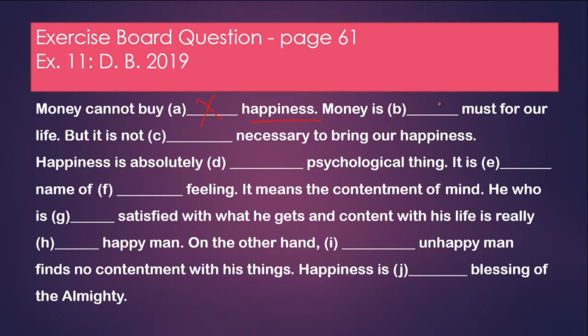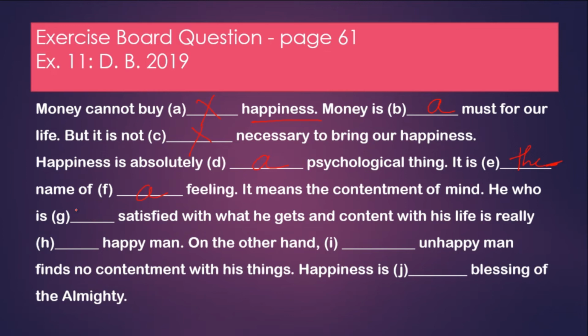Money is a must for our life, but it is not necessary to bring our happiness. Happiness is absolutely a psychological thing. It is the name of a feeling. It means the contentment of mind.